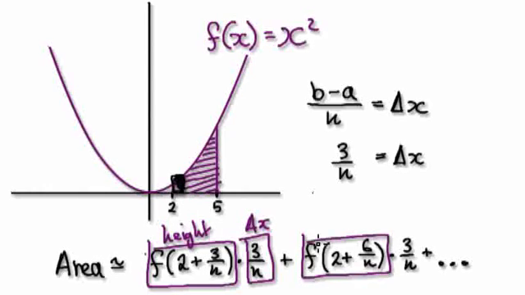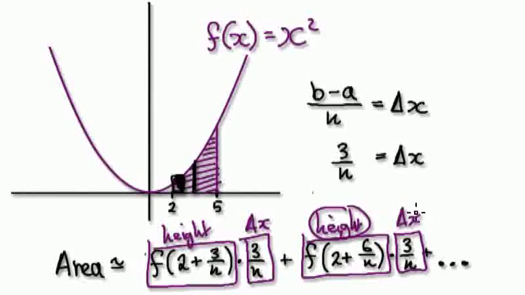And then this here is the height of our second rectangle, and when you times it with the width, our delta x, that gives you the area of the second rectangle.